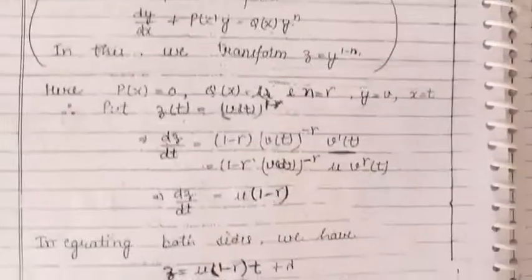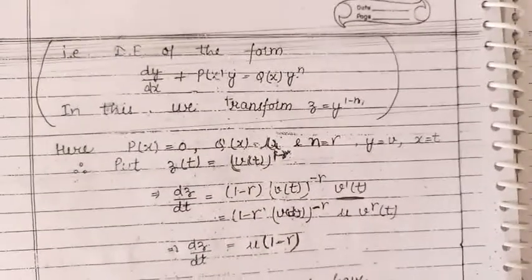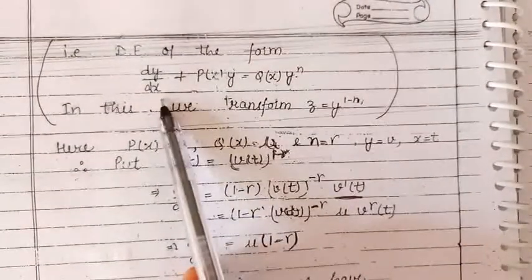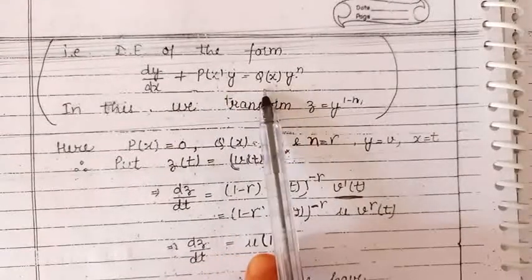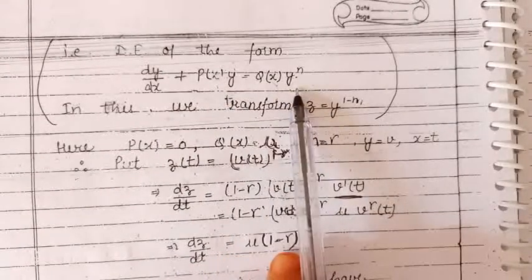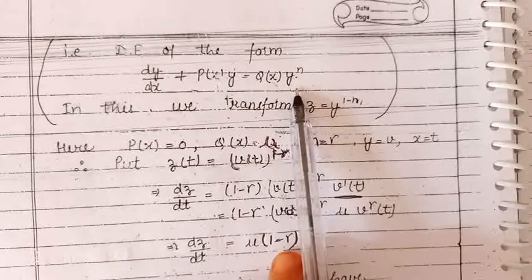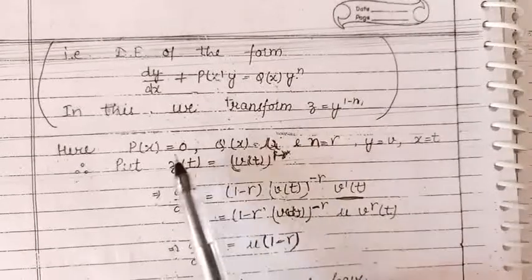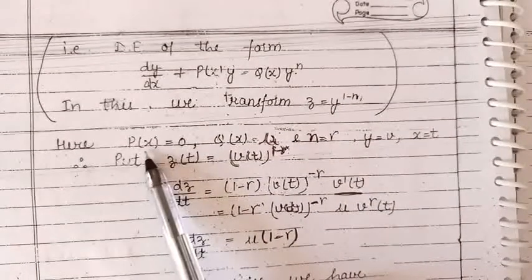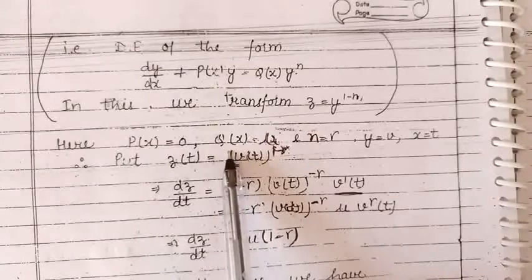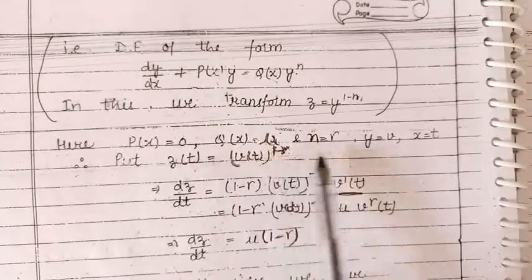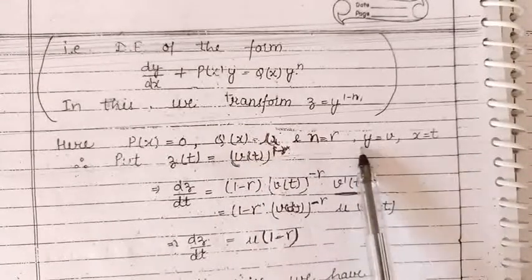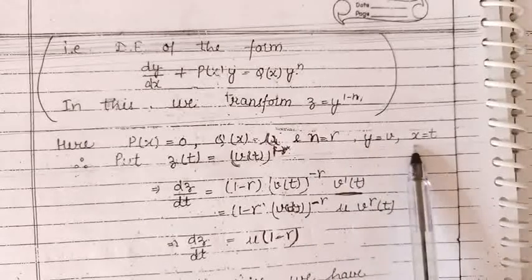Bernoulli's equation is an equation of the form dy/dx + Py = Q y^n. Comparing with this form, in the present case P is 0, Q is μ, n is γ, the function y is v and x is t.